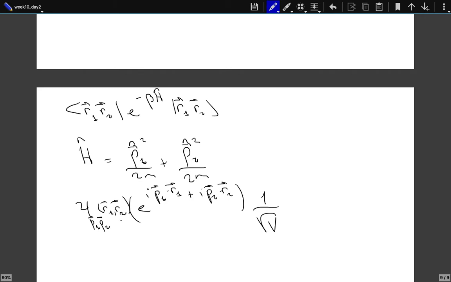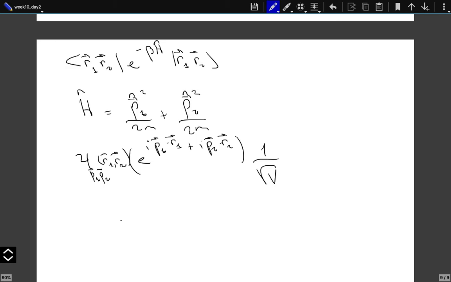Now, if I had fermions or bosons, you see this is actually <P1, P2|R1, R2>. If they were identical fermions or identical bosons, I would have this wave function.